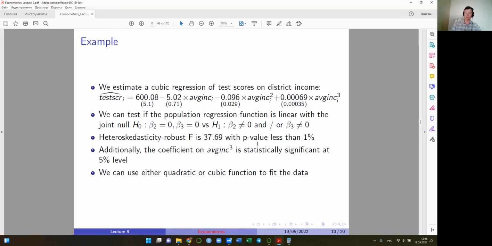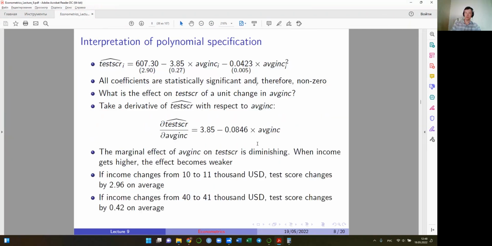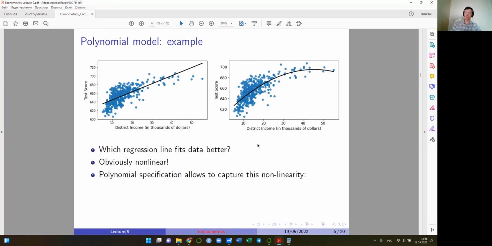well, let's have a look at this data. If we fit, let's say, the third order polynomial here, there is going to be some curve, maybe more or less similar to this one. And of course, if we want to predict the test score for districts with larger income, like 60, 70,000 and so on, we obviously see that it will be declining.